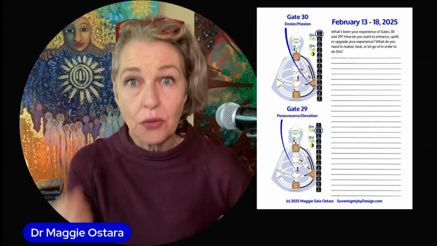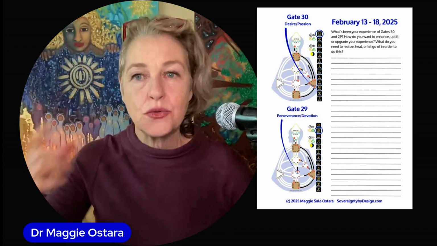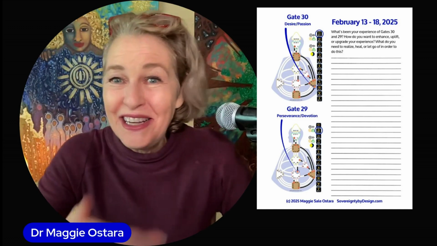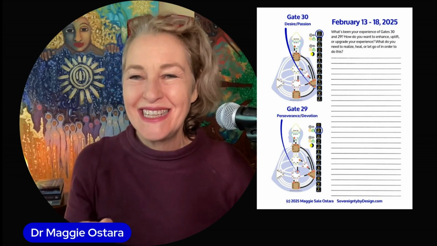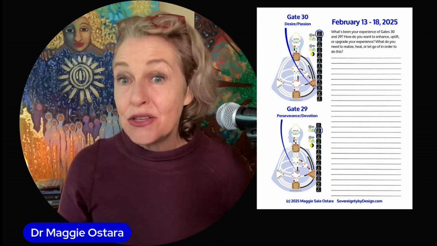So this is an example of how you can work with this transit journal for yourself and go through each one of them. You can skip one here or there if you're busy a particular week, but it is a way for you to bring just a little more attention and a little more focus to how the transits are influencing you. And I wanted to show you this one because this is so big in all of our experience right now.